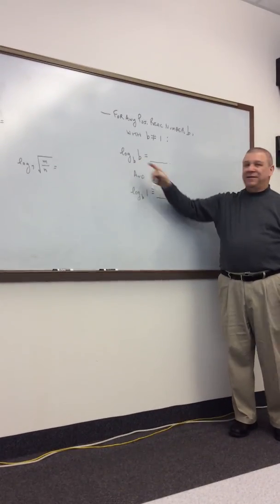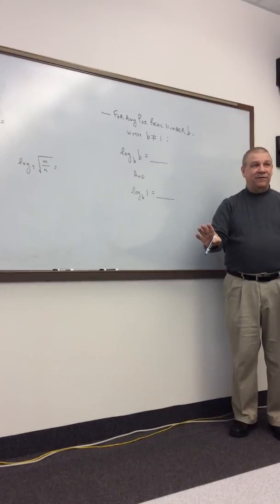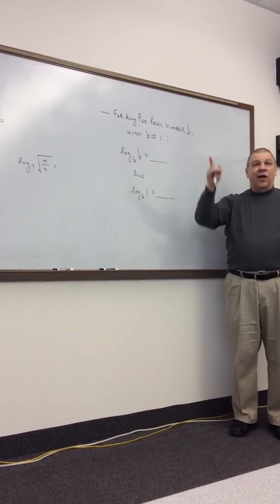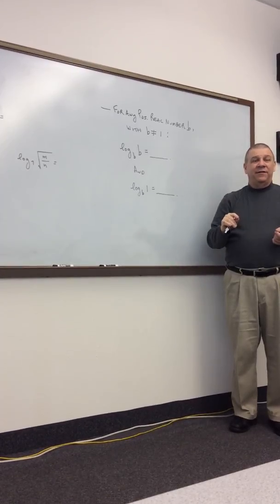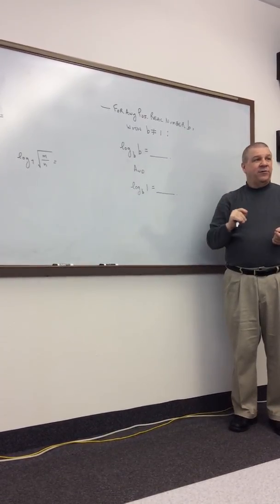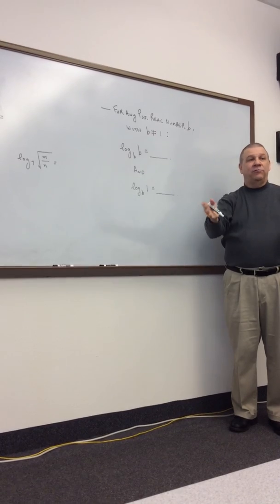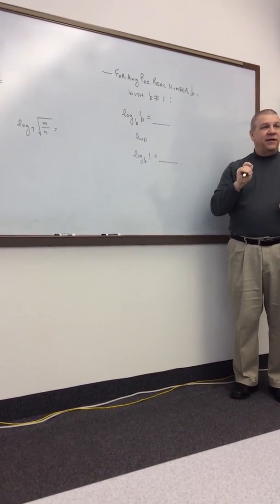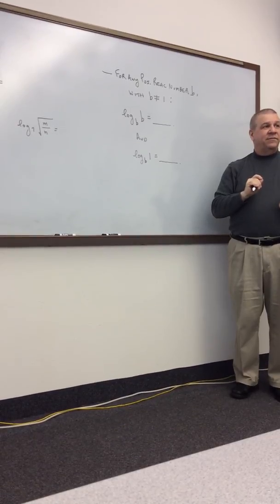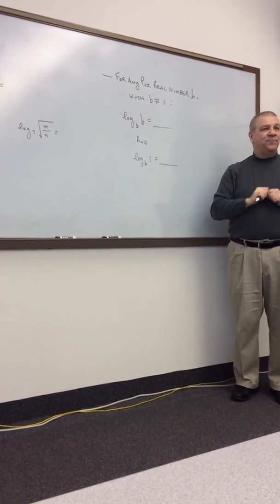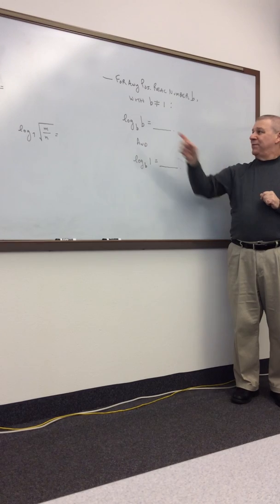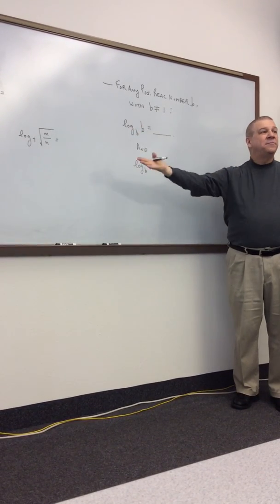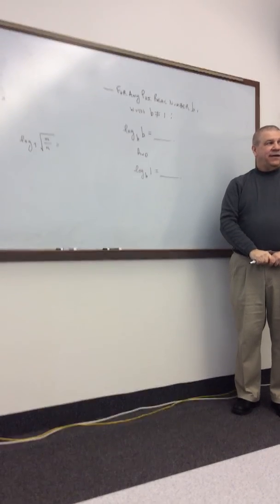If this and this are exactly the same number, the log of b to the base b, I don't care what it is, the log of 5 to the base 5, the log of 13 to the base 13, the log of 100 to a base of 100, what will that answer be every single time? What does the answer to a logarithm stand for? The exponent.